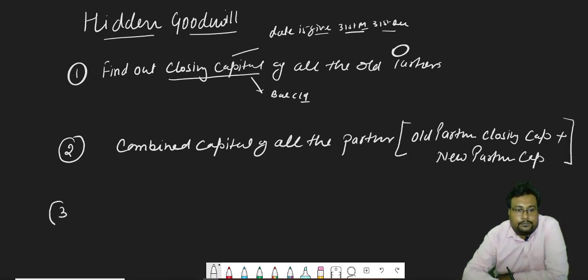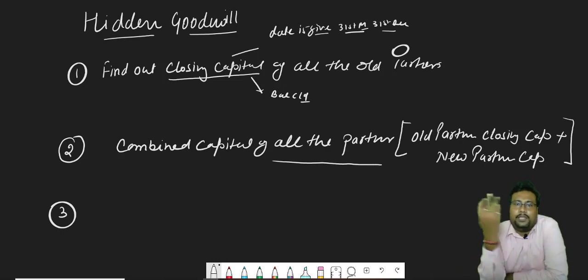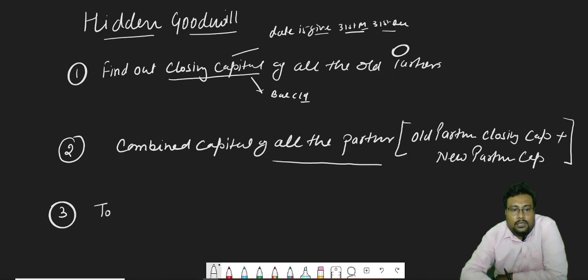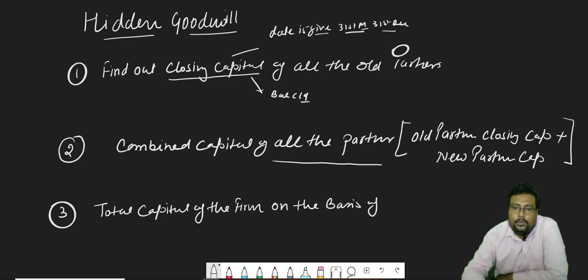Number 3, when you find out the combined capital of all the partners by adding the closing capital of old partners plus new capital of new partner, you have to find out the total capital of the firm on the basis of new partner's capital.